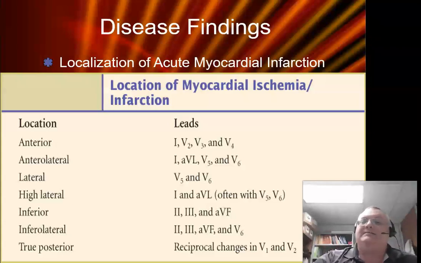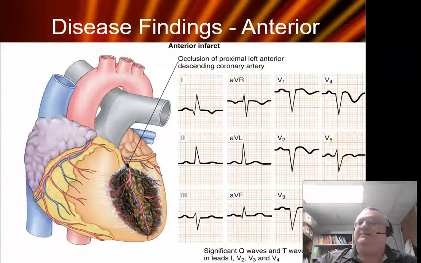So where is it that I'm looking at injuries and I can tell where it's actually happening? Okay. Now, I'm going to tell you right now, you can pay attention to this chart, but I've got a lot better way to show this and to have this make a lot more sense. Let's talk about the anterior one first.